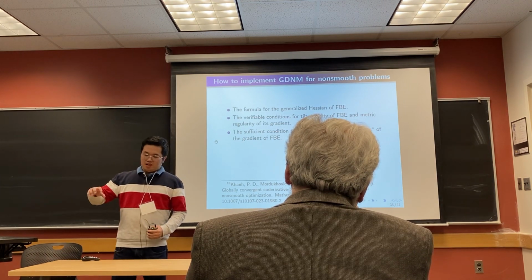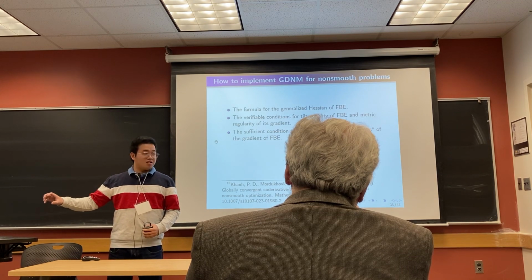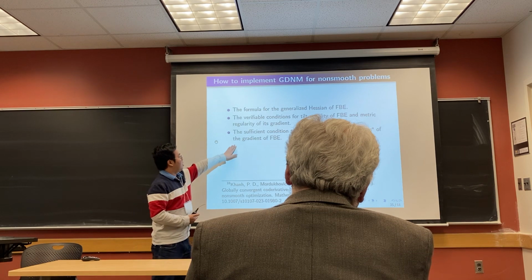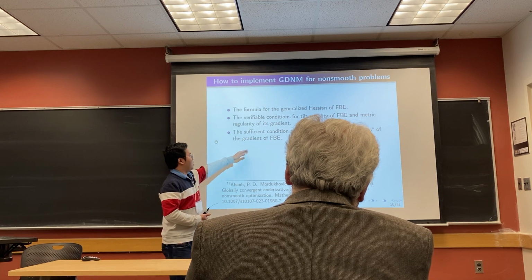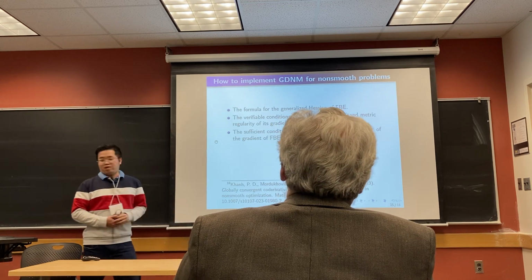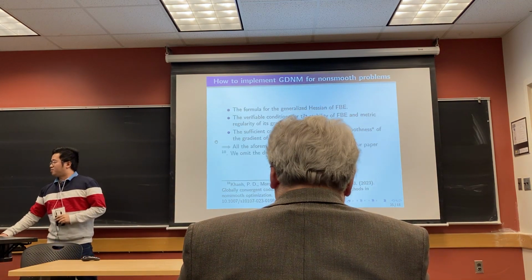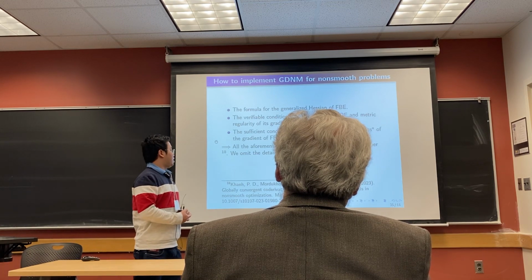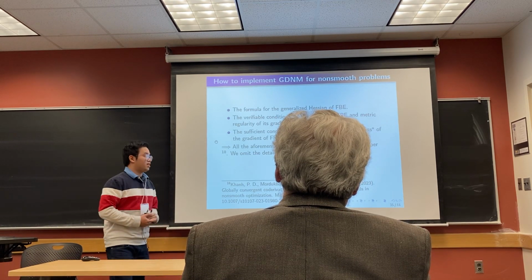Because we have the semi-smoothness of the subgradient of phi, can we get the semi-smoothness star of the gradient of the forward-backward envelope? The answer to these questions is positive, and we omit the details here.